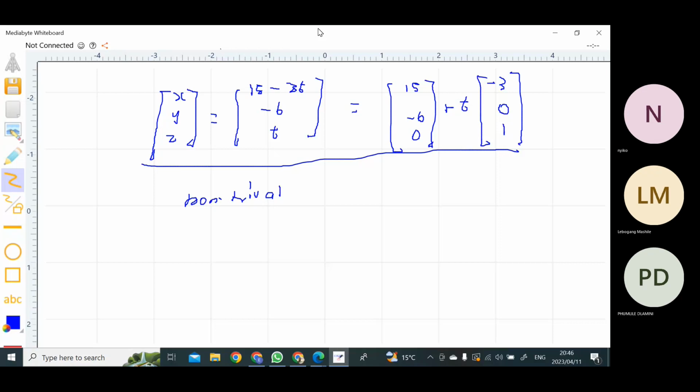Then in page number 37, number 10, there is an arrow indicating that from 11 to 12, it says in each part of exercise 11 to 12, find matrices A, X, and B, that express the given linear system as a single matrix equation, AX equals B, and write out this matrix equation.